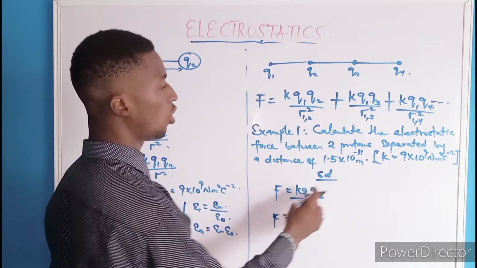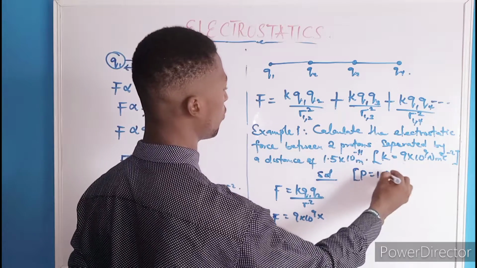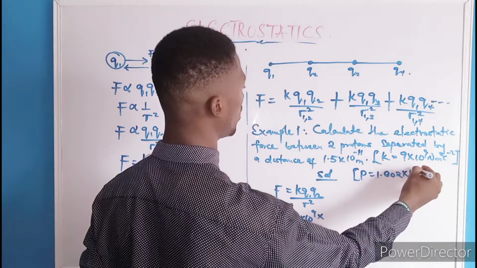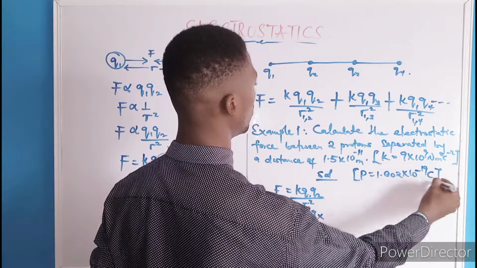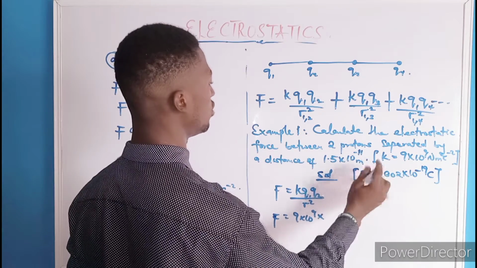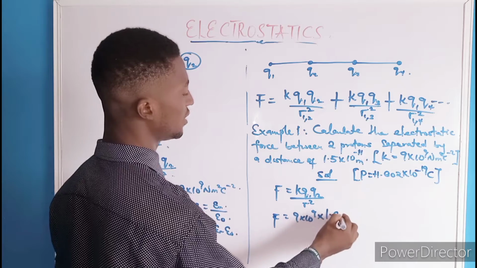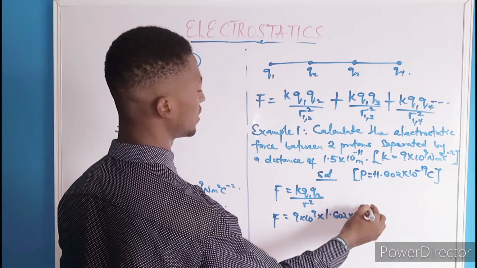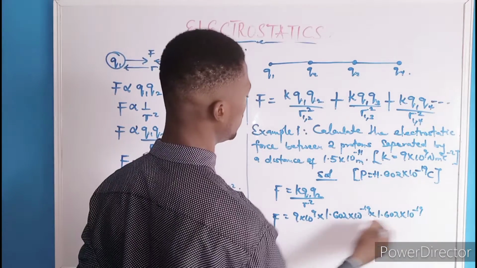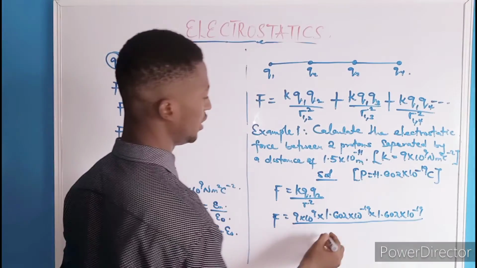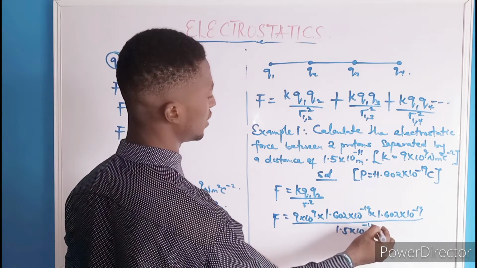The value of Q1 is the charge of a proton, which is 1.602 times 10 raised to the power minus 19 coulomb. Proton is positively charged, so we have 1.602 times 10 to the power minus 19 times another 1.602 times 10 to the power minus 19, everything divided by the distance between them, which is 1.5 times 10 to the power minus 11.